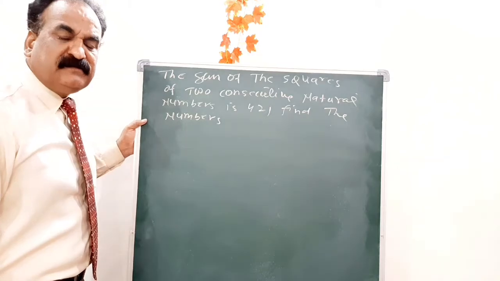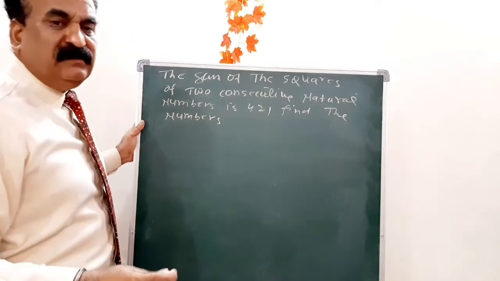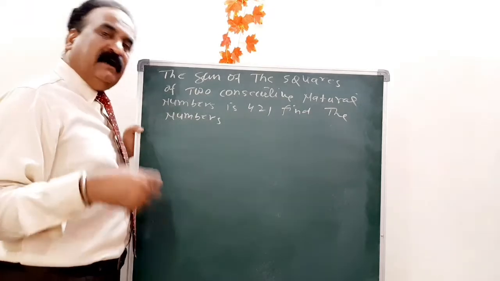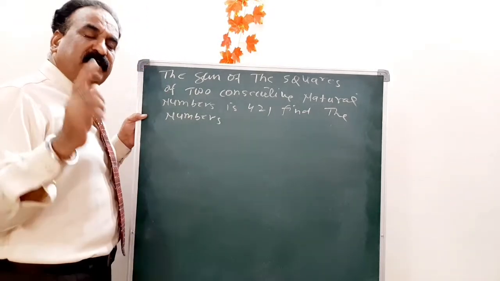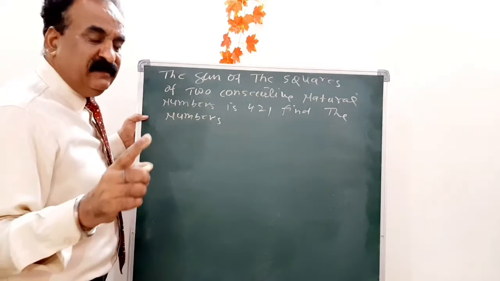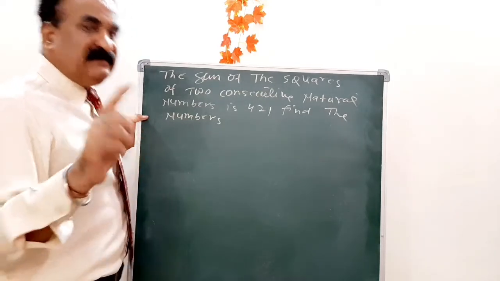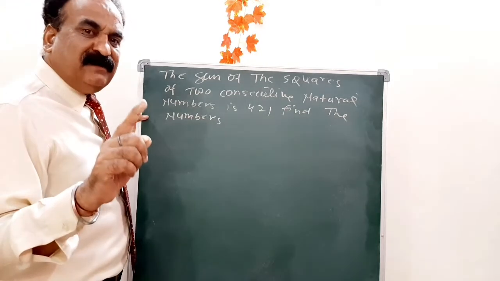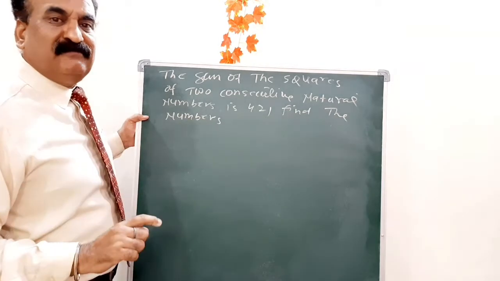Consecutive natural number means if one number you are taking 11, other will be 12. If one will be 15, other will be 16. If one number is 5, other number will be 6. It means if one number is 5, other number will be 5 plus 1. If one number is 11, other will be 11 plus 1.